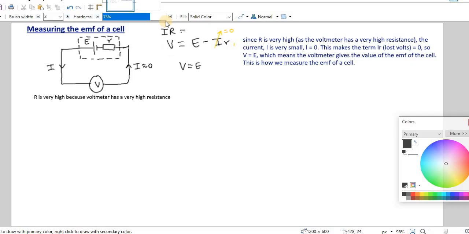So V equals E minus Ir. Remember, this is I times capital R, minus Ir. Okay, so now I think everything is very clear from here. Okay, let's go back to the lesson now.